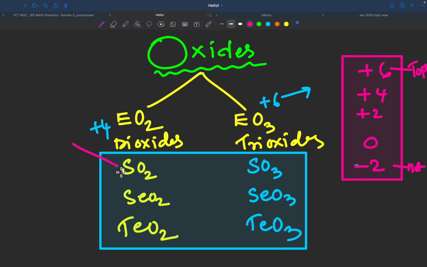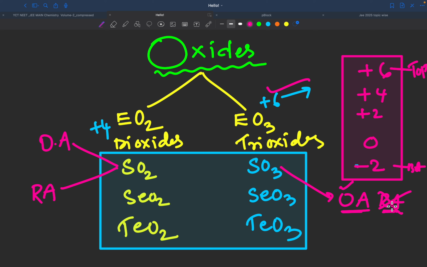So what I mean to say here, SO2 can be a reducing agent, can be an oxidizing agent, whereas SO3 is only an oxidizing agent. It can only be an oxidizing agent, it cannot be a reducing agent, because for an oxidizing agent it has to gain the electrons. For a reducing agent it has to lose the electrons, but already all valence electrons are lost here.